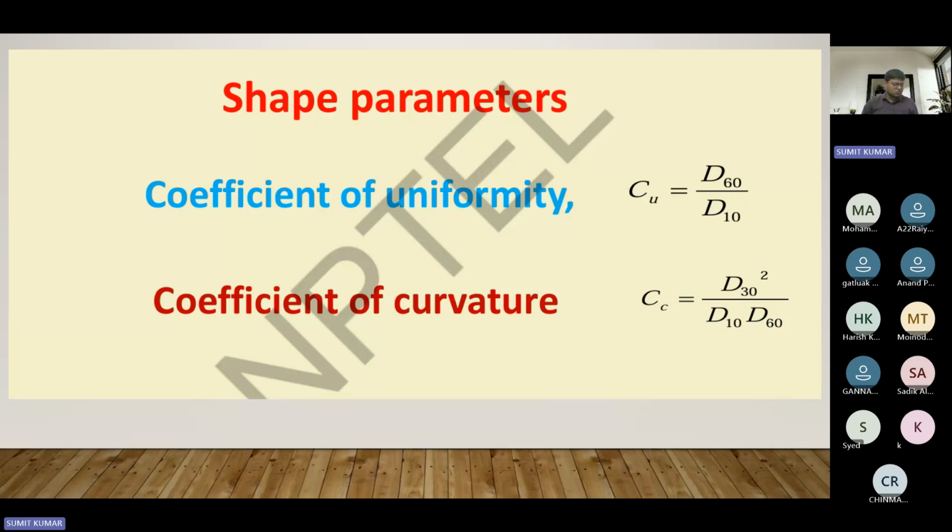Those terms are coefficient of uniformity and coefficient of curvature. They are very important because they are used to classify the soil as well.